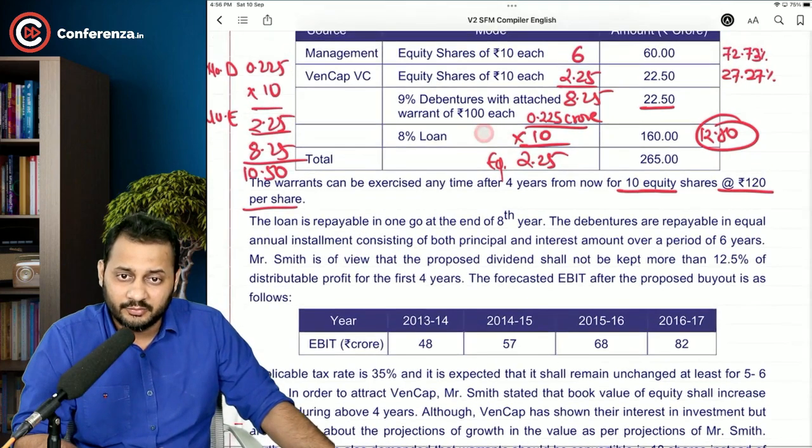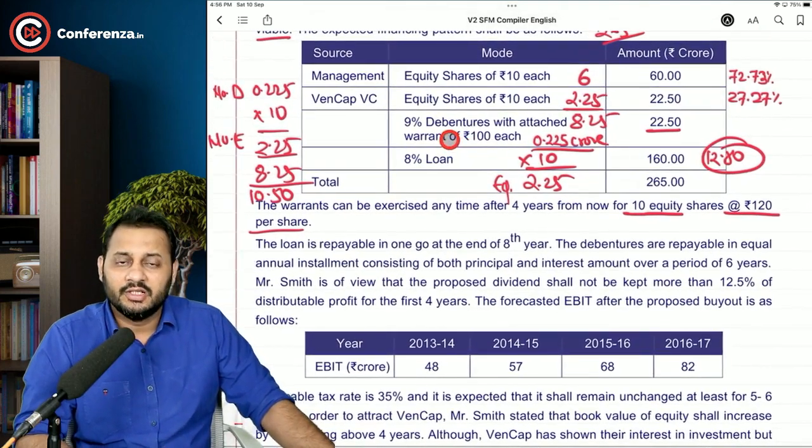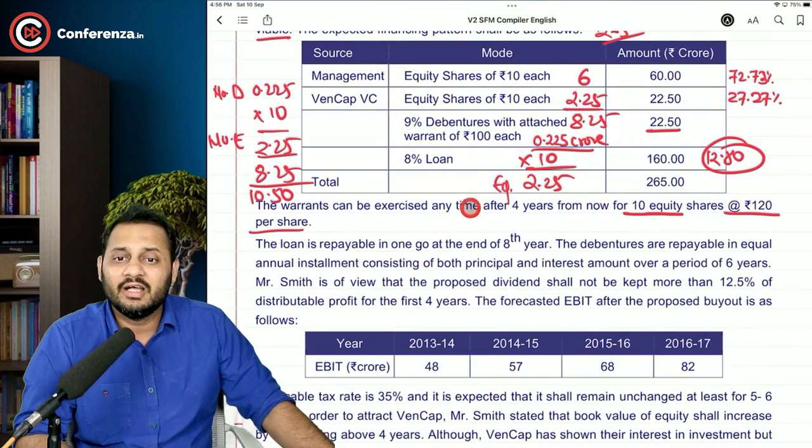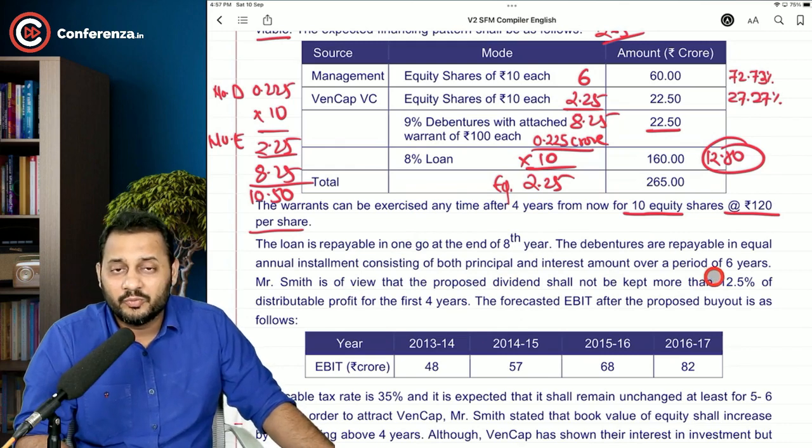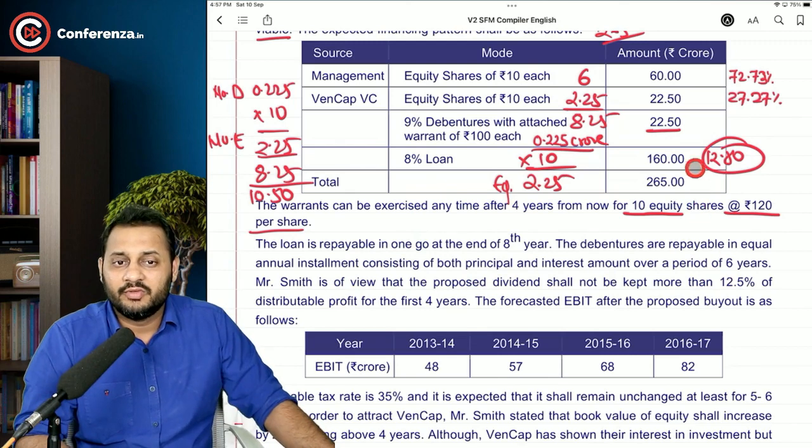Now the debenture, coming over to this debenture. This will be repayable in equal annual installment consisting of both principal and interest amount over a period of 6 years. Now you have to prepare a repayment schedule because we have to calculate the EMIs of this debenture for 6 years.